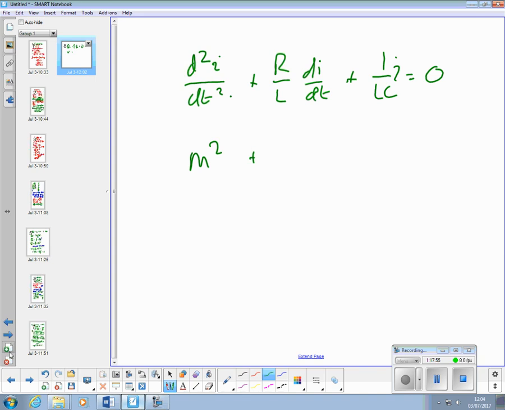Coefficient in front of di by dt is? Agreed?